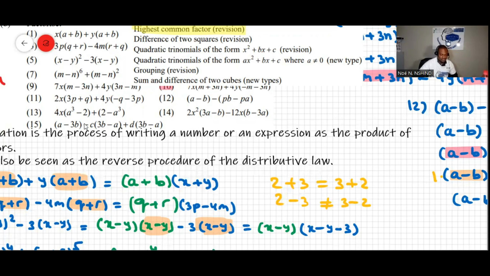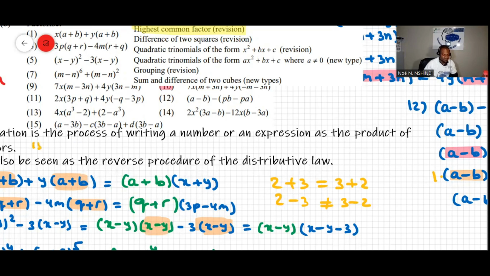Now over here, we have a minus 3b, 3b minus a. We can just switch the sides of the terms here, change this and make it negative, and then it's all common, and then we factorize. I may just do it here.